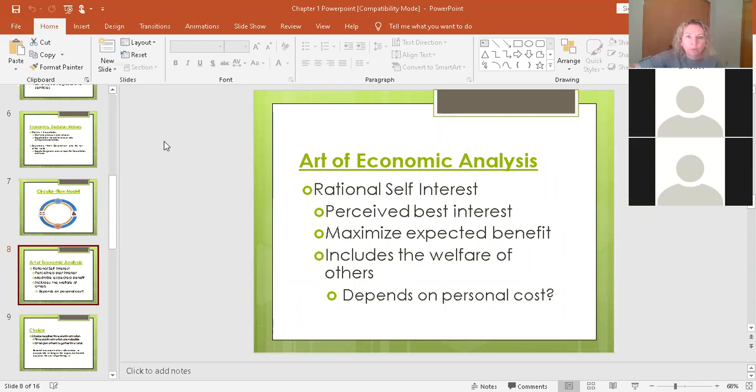But in economics, we try and come up with lots of models and theories and things that we think are mostly true to try and predict what's going to happen. And so we have to start out by talking about some of the things we think are usually true about humans and how they make economic decisions. And then we can come up with some models and some theories to sort of help us figure out what's going on and maybe what's about to happen, right?